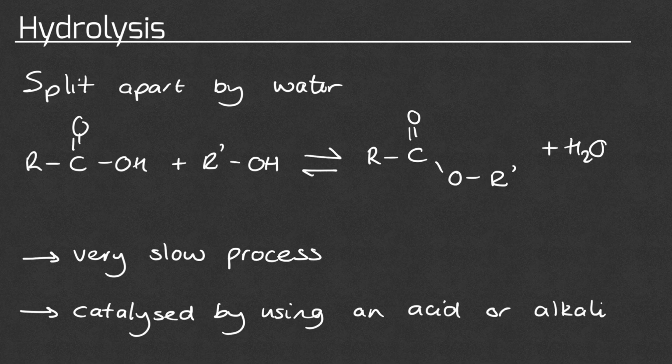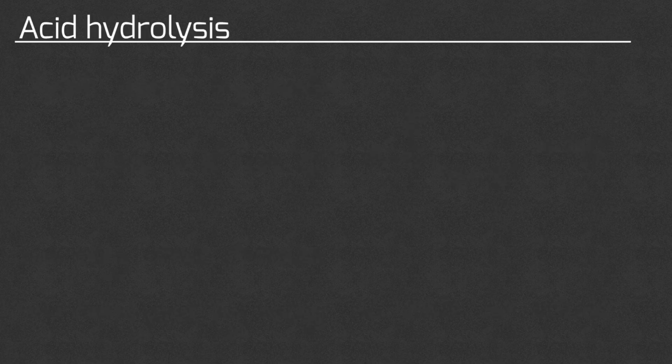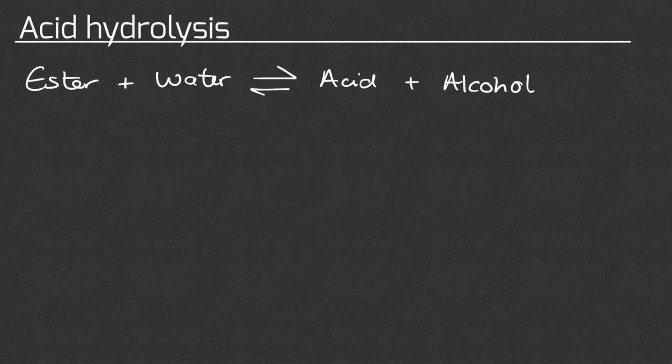Using water alone is a very slow process, however, so we will catalyse the reaction, we will speed it up by using either an acid or an alkali, and these are the two types of hydrolysis we're going to look at. Acid hydrolysis is quite simply the reverse of esterification.